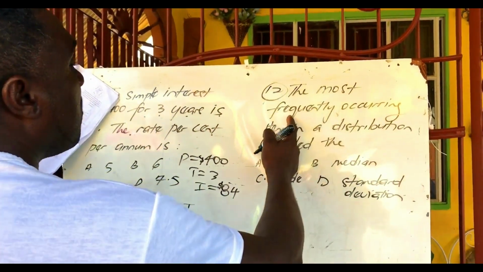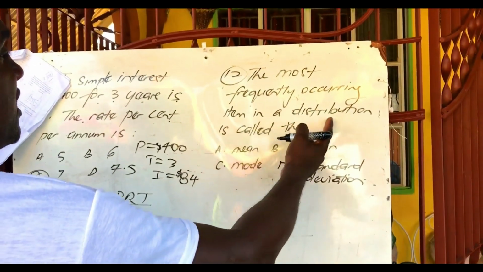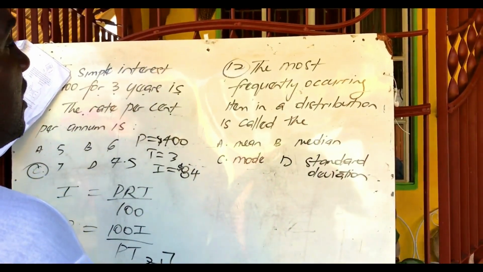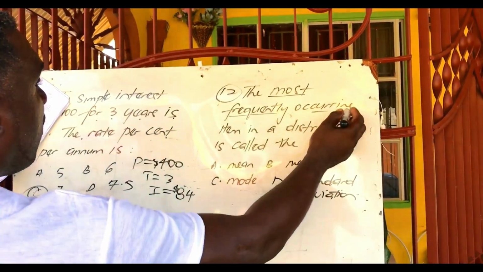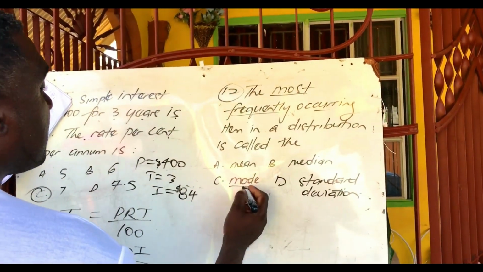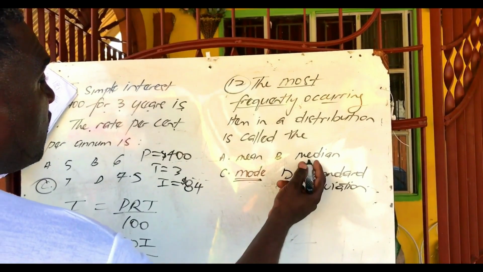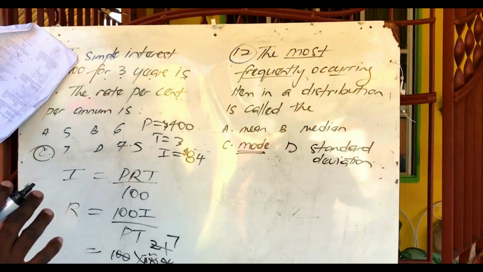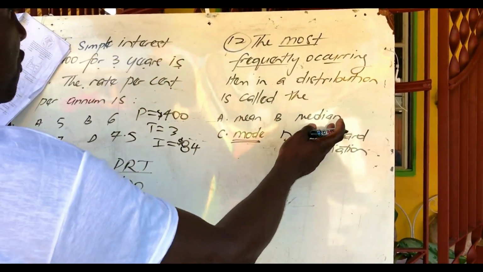12. The most frequently occurring item in a distribution is called the, and once you hear about most frequently occurring item, that clearly is the mode. Now, as you know, the median is that value which lies exactly halfway in the distribution.